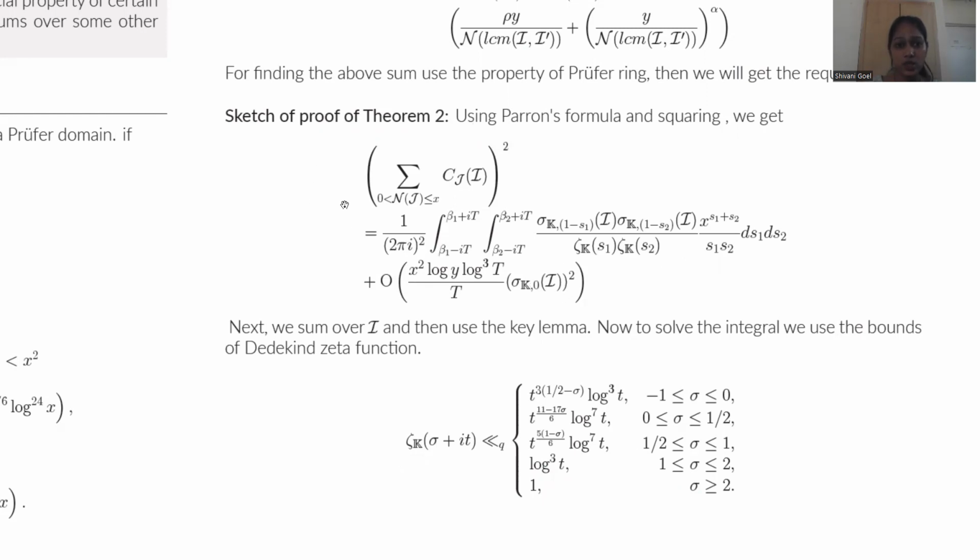Now we take the summation over I. In this integral, there are only two functions which depend on I, and this integral is absolutely convergent. So we take the summation inside the integral and use the lemma. After that, we use these bounds for the Dirichlet series to find this integral, and we get the required result.